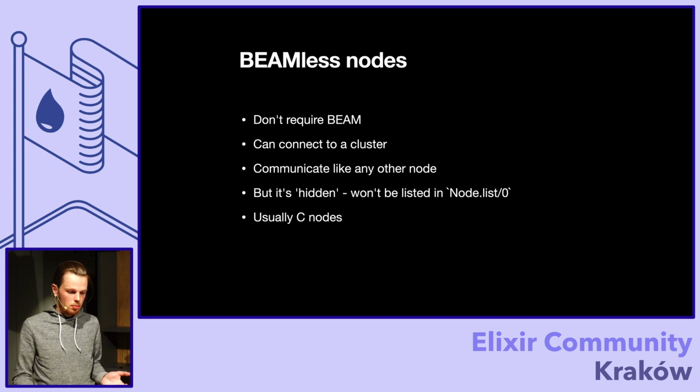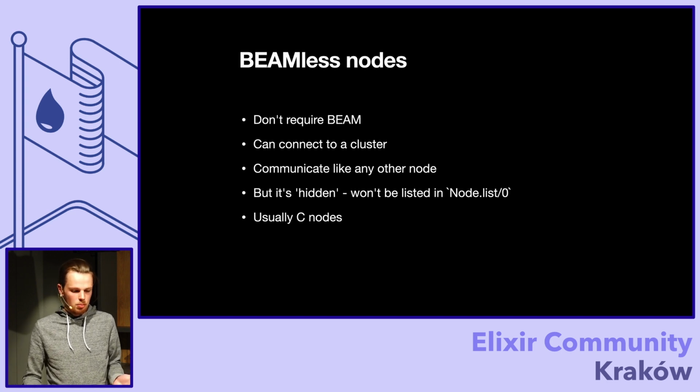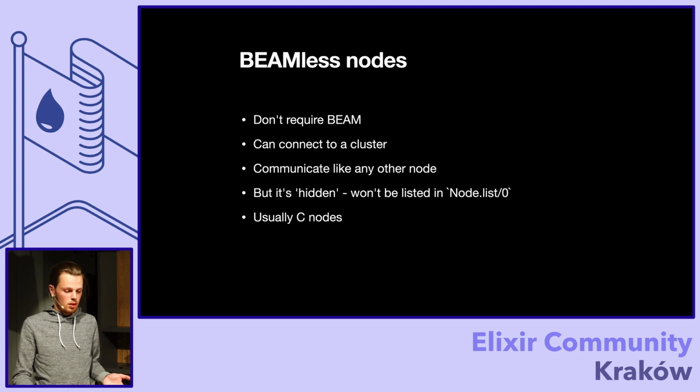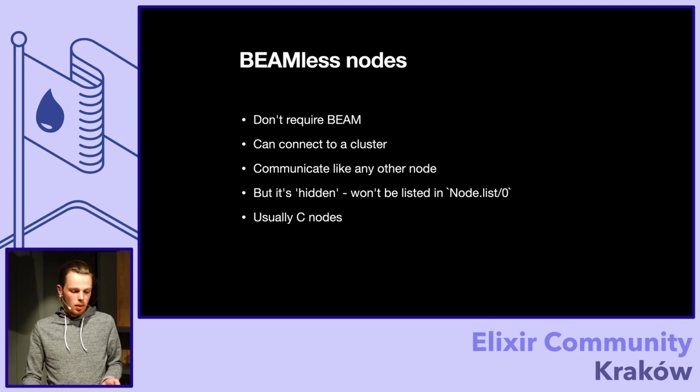As I mentioned, beamless nodes don't require Beam, but they still can connect to an Erlang cluster. They basically communicate like any other node, and they are usually written in C, so that's why they're referred to as C nodes.